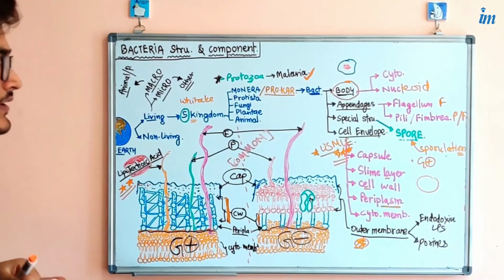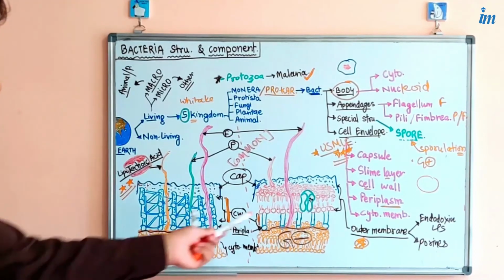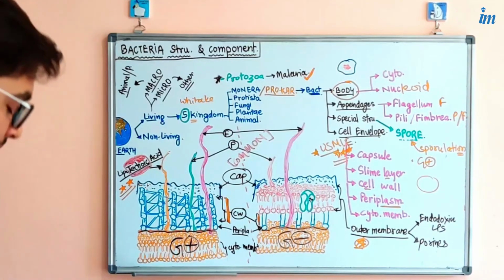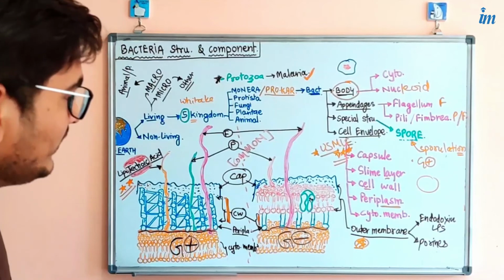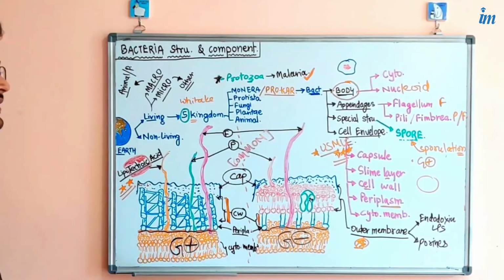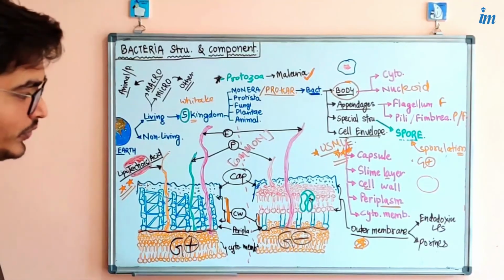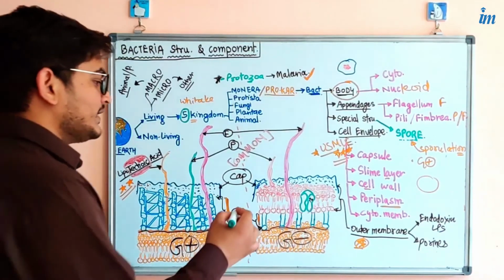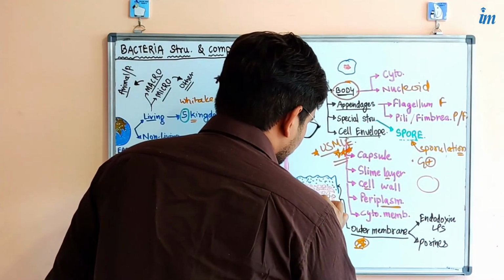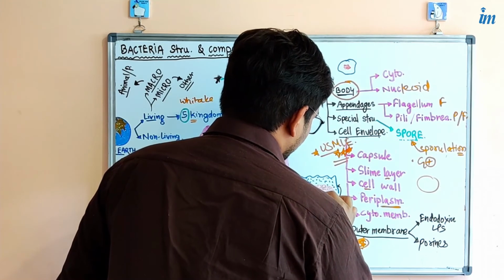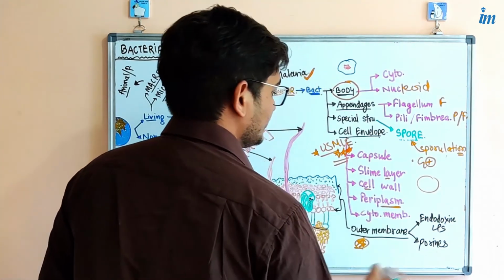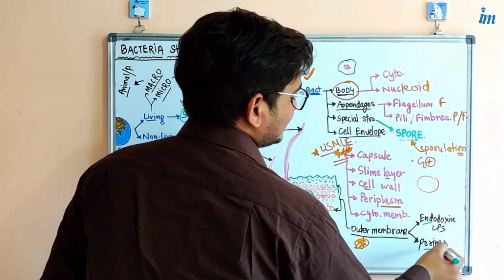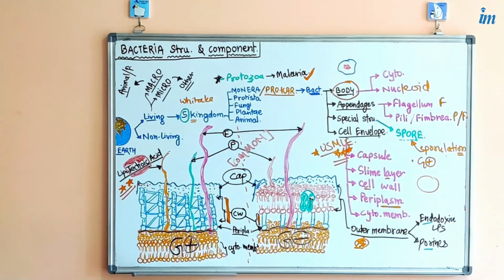Keep that in mind. Similarly, gram negative bacteria have special proteins in their cell wall known as porins. They have a facilitated transport system and also help bacteria to survive and to perform specific bacterial functions. Endotoxin and porins: in the next video I will explain all these things one by one.